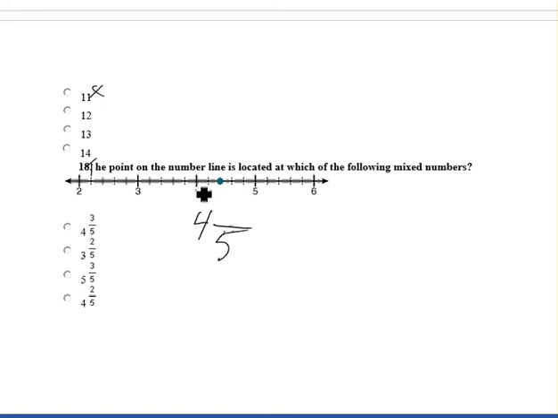So I got 4 2/5 right here. And you can eliminate the 5 stuff because we're not even to 5, so we're definitely not past 5. And the 3s are back. This is the 3 region, and we're past that. So we're down to 2 answers, and 4 2/5 is the correct answer.